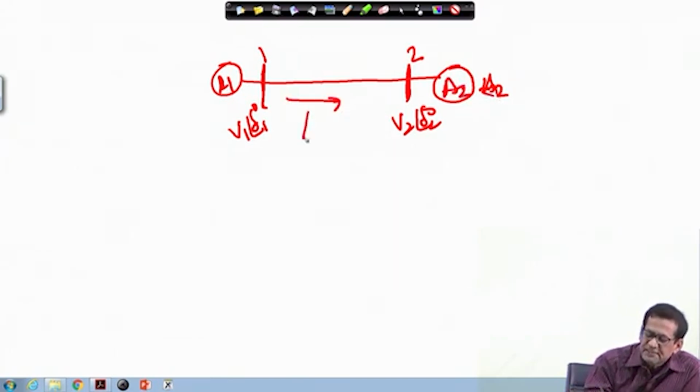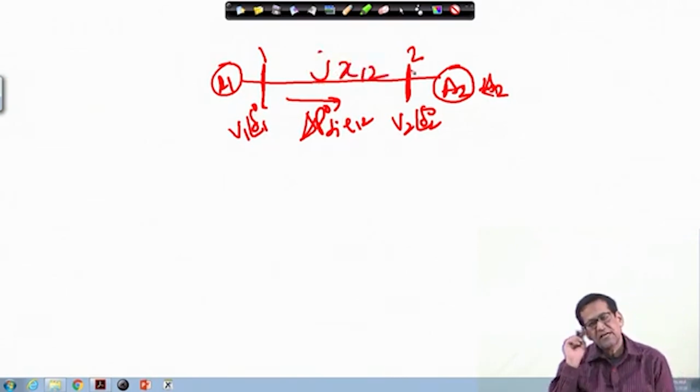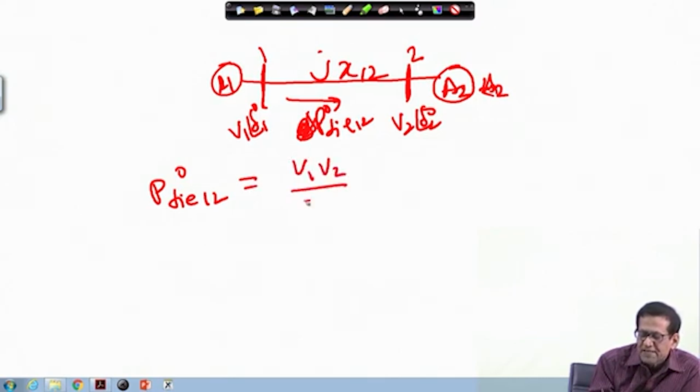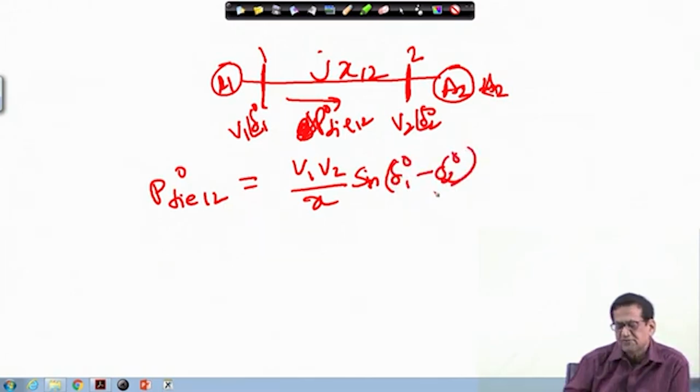flowing through this, the initially scheduled power P tie 1 2 0, and reactance of this one is j x 1 2, right. So, we can write that your P tie 1 2 0 is equal to V 1 V 2 by x 1 2 sin of delta 1 0 minus delta 2 0.